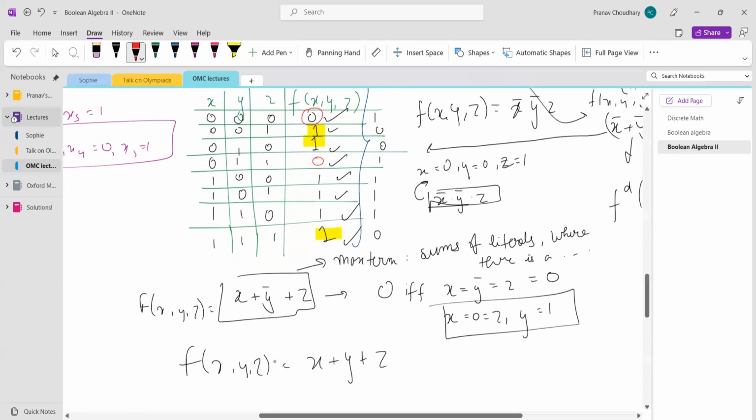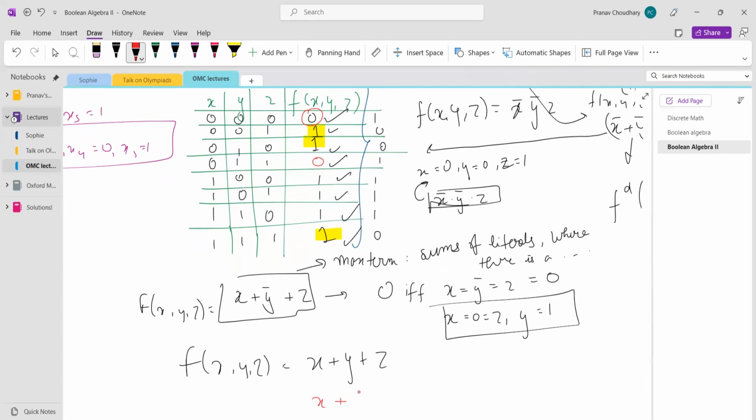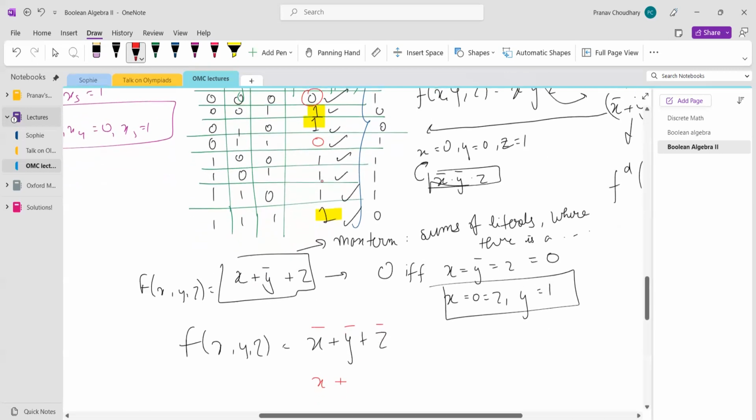If there was only a 0 here, then I could write x plus, oh, sorry, this should be conjugates here. For a zero here, I can assume there's a one here and zero here, only that. Then you can write this as x conjugate plus y plus z, right? This thing will be zero at only this point.